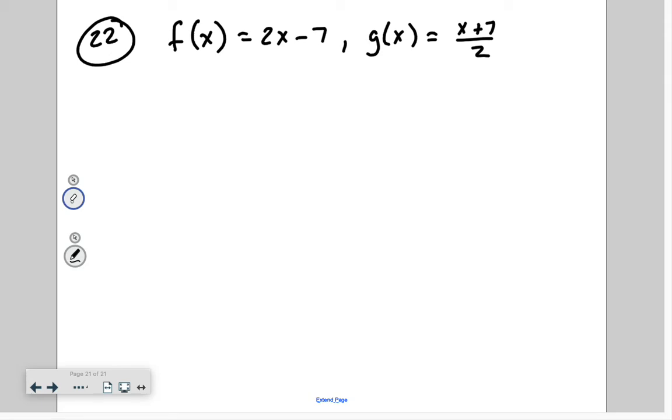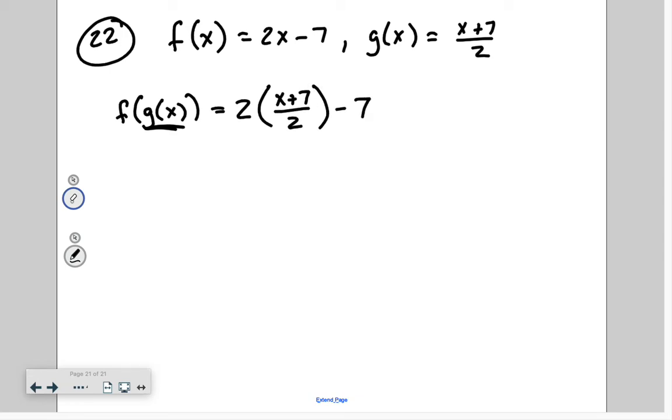So I'm going to start with taking the g of x equation and substituting it into f of x and see what we get. Okay? So I'm going to take the x out and put that equation in its place. So we have 2 times x plus 7 over 2 minus 7. Okay. Take the x out, put g of x in.